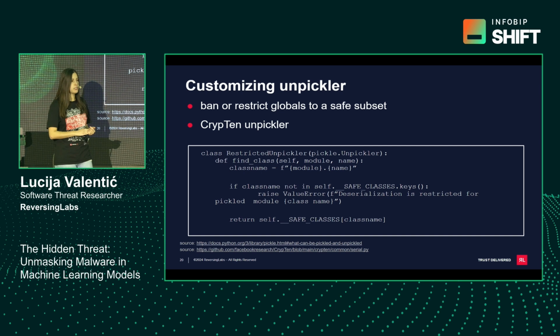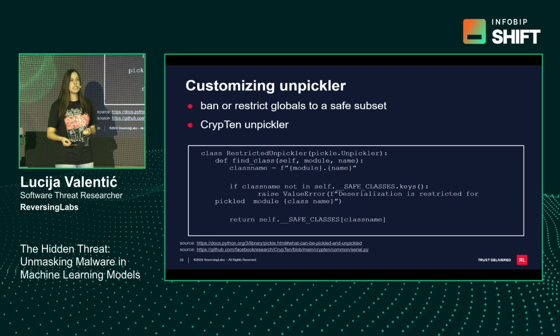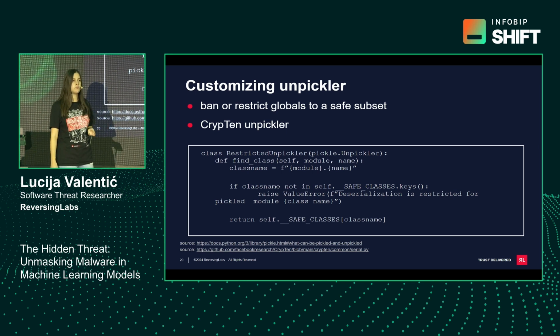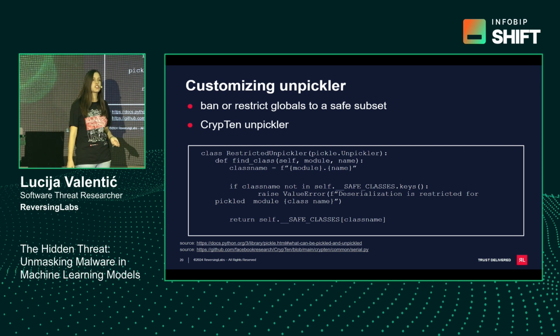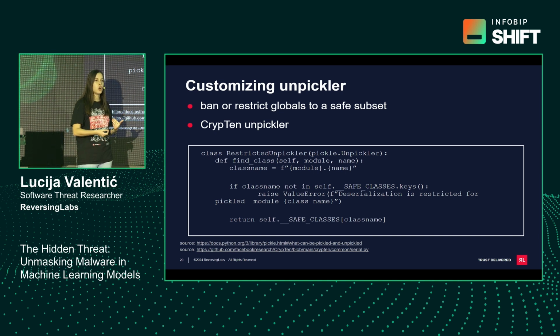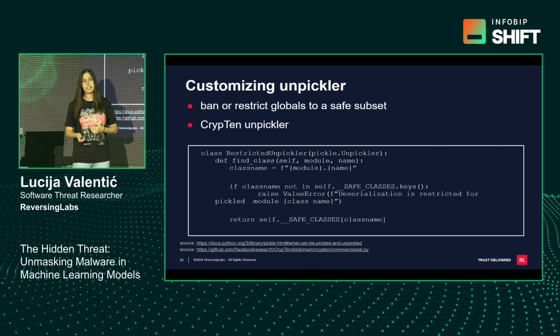And one of the examples of an unpickler that has been customized, with find_class overridden, is the Crypten unpickler. Crypten is a privacy-preserving ML framework based on PyTorch, but its unpickler was customized. More particularly, all globals that can be requested were restricted to a safer set that were deemed safe.